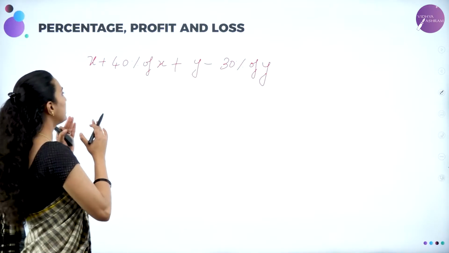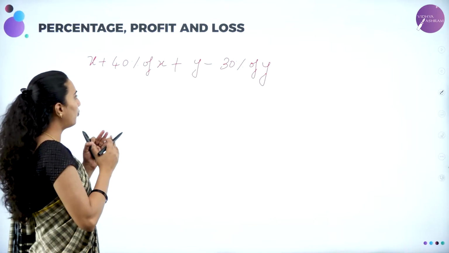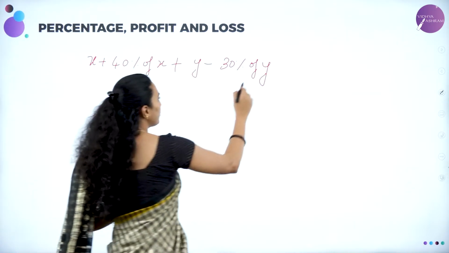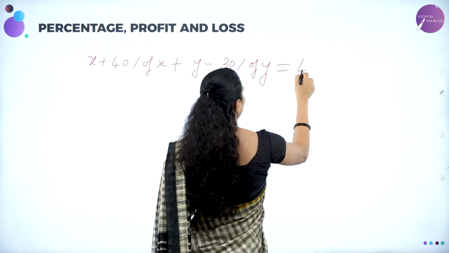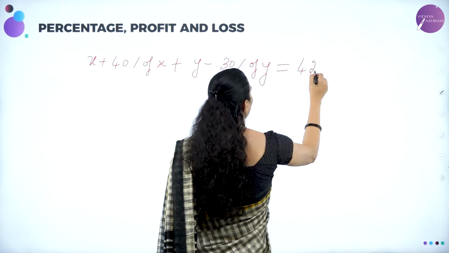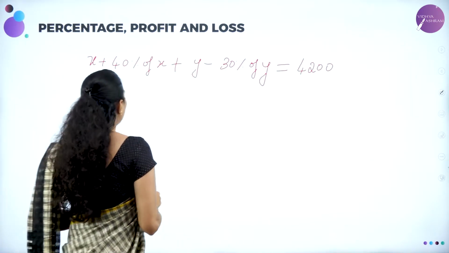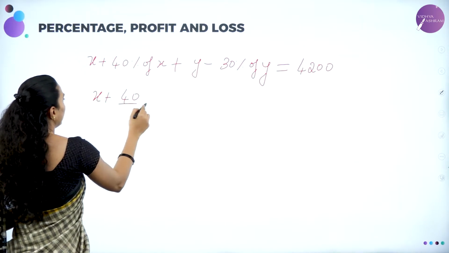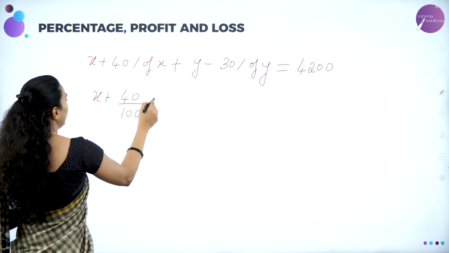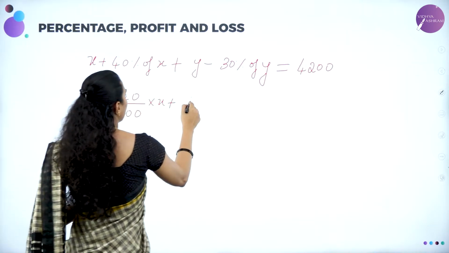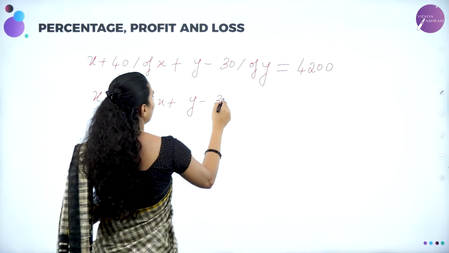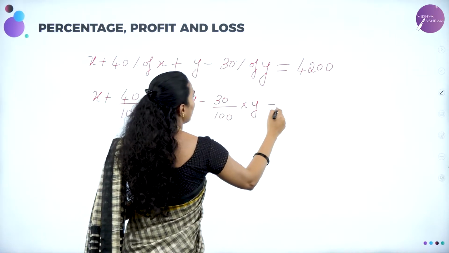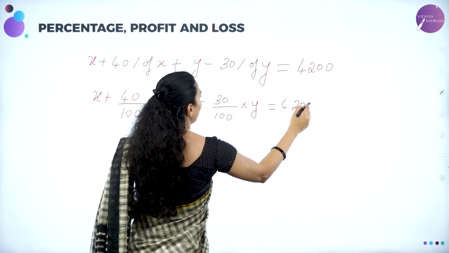So, X plus 40% of X plus Y minus 30% of Y, the total number of students is nothing but 4,200, right? So therefore, I can take this as X plus 40 divided by 100 into X plus Y minus 30 divided by 100 into Y is equals to 4,200.